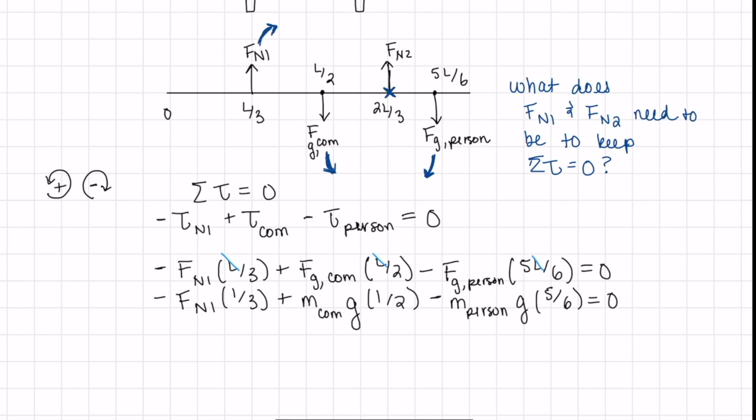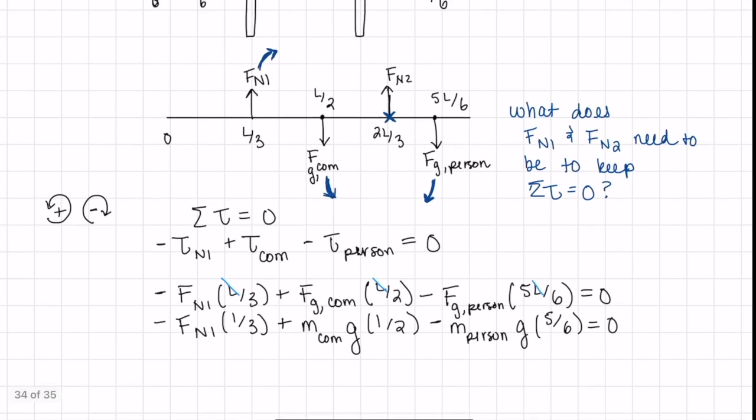Oh, actually, something I just realized. So these distances that I put in here are the distances measured from the 0 end, not the distances measured from the pivot point. So I'm actually, okay, let me rewrite each of those.